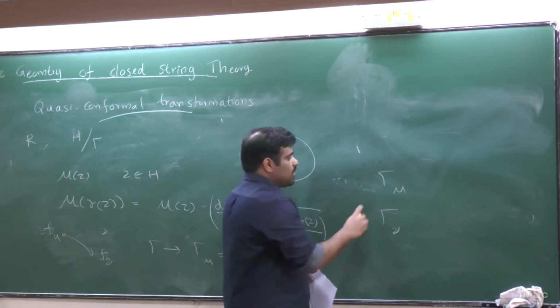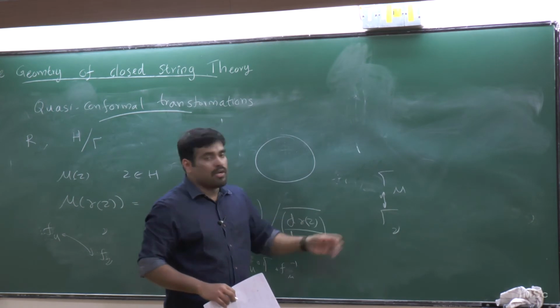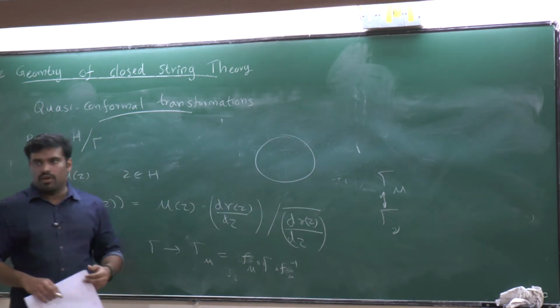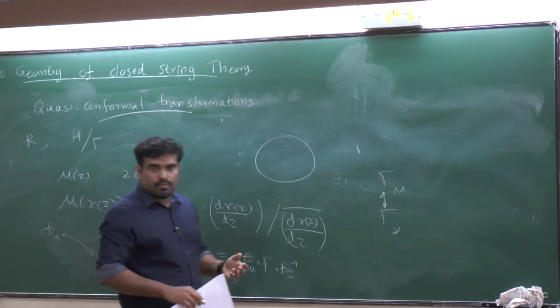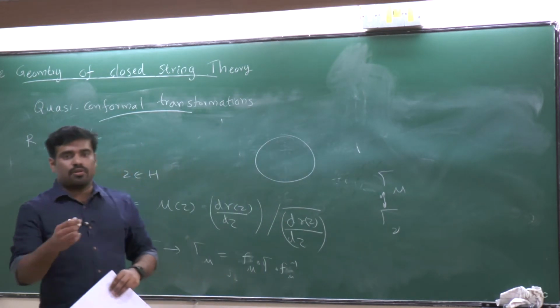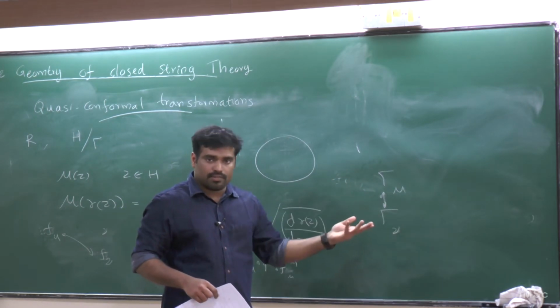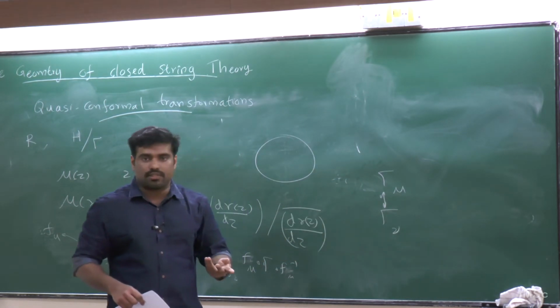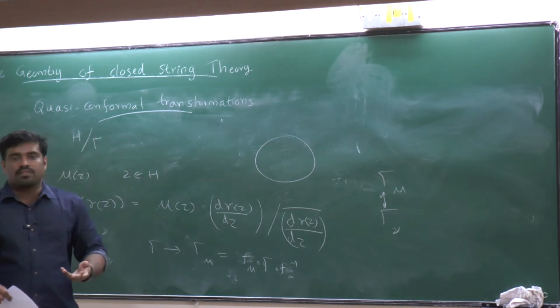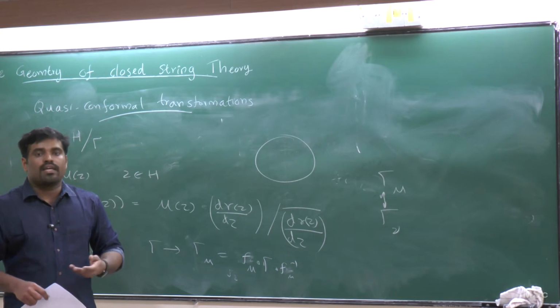I want to ask when the function groups gamma mu and gamma nu are exactly the same. That means you will get the same Riemann surface, so you are not able to change the complex structure. When you can change the complex structure is the main statement that we want.